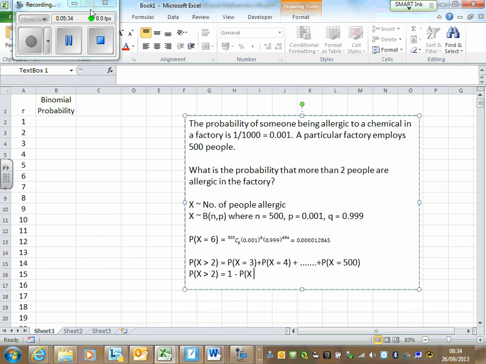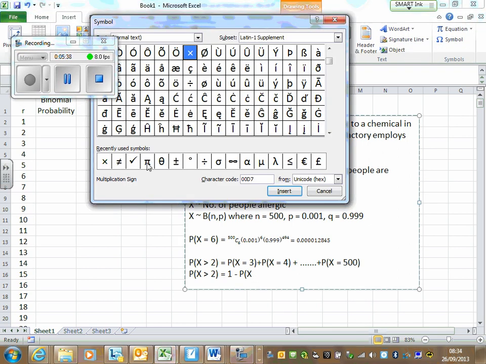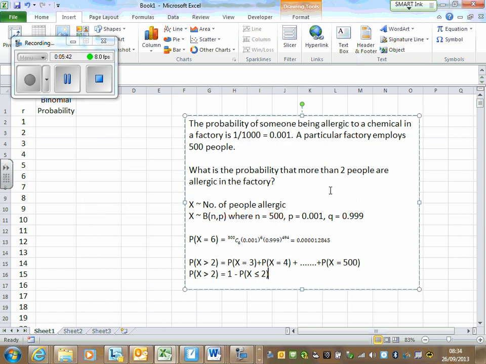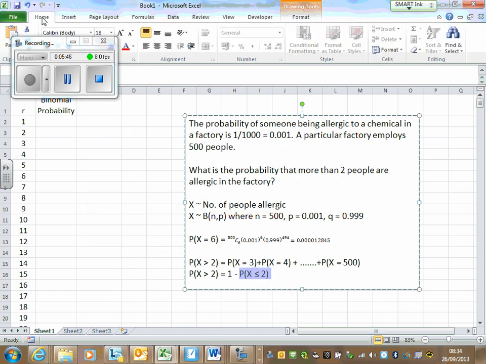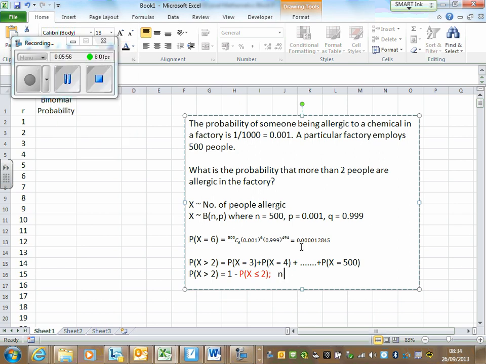Now, this particular probability we can't get from the tables for the pure reason that n is 500.